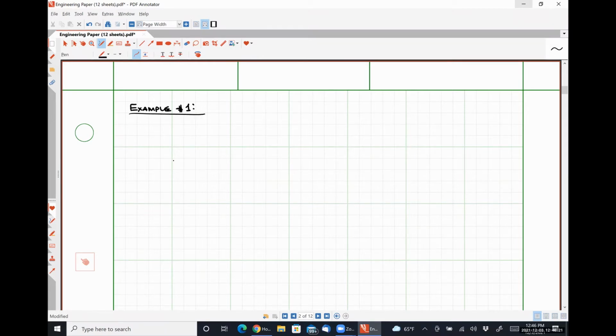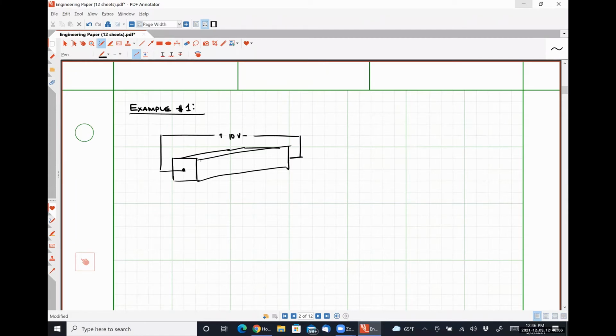So let's say that I have a bar of semiconductor material, like so. I apply a voltage of 10 volts across my bar.